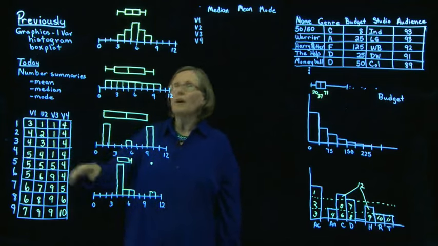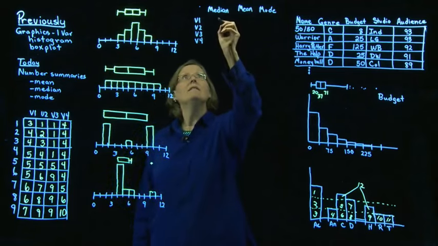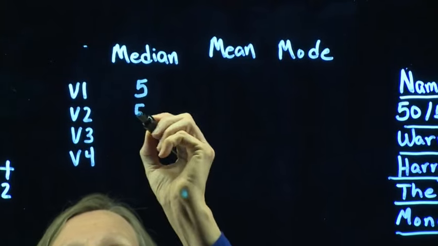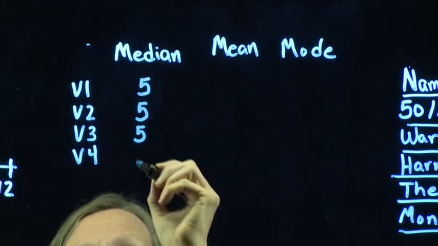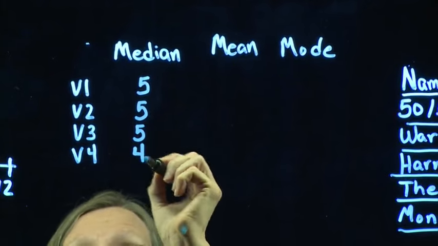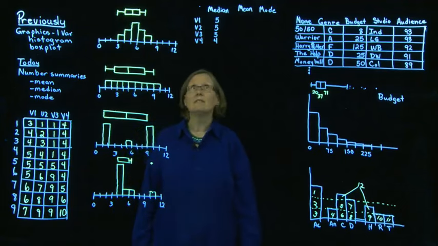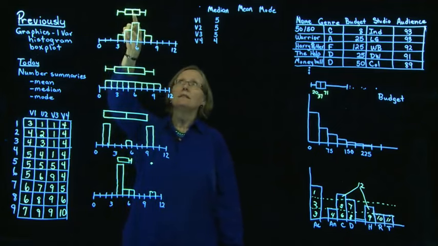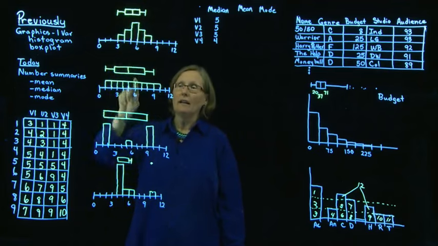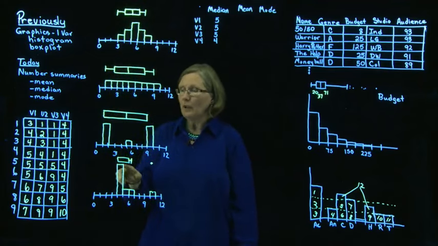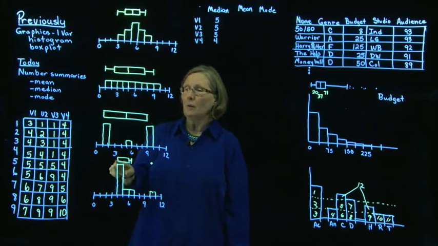For our first three variables, we see that the median is 5, and for our fourth variable, the median was 4. In the box plot, the median is the center vertical line in the box. Recall for our fourth variable, the 25th and the 50th were the same.